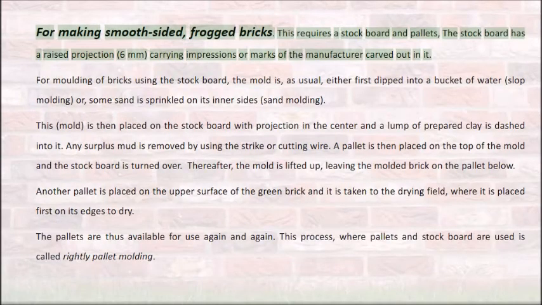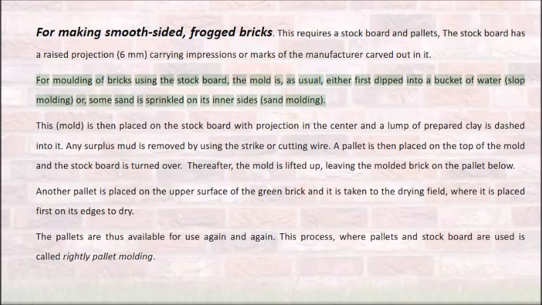For making smooth-sided, frogged bricks, this requires a stock board and pallets. The stock board has a raised projection, 6 mm, carrying impressions or marks of the manufacturer carved out in it.